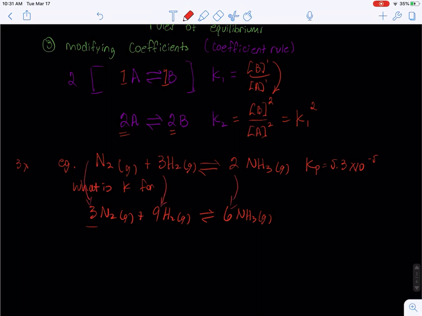So what I want to do is take my 3 and use that as a power to operate on the original Kp value given. And what I would do is 5.3 times 10 to the minus 5, and you can multiply by that same number 3 times, or you could find your cubed button if you've got one on your calculator. That's 1.5 times 10 to the minus 13.